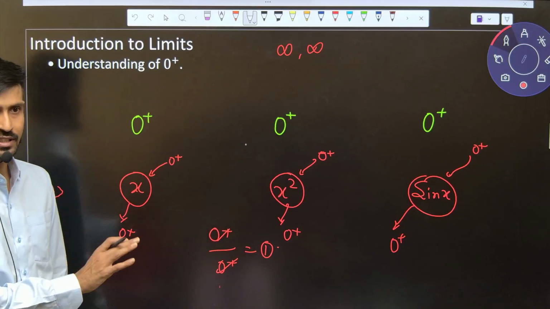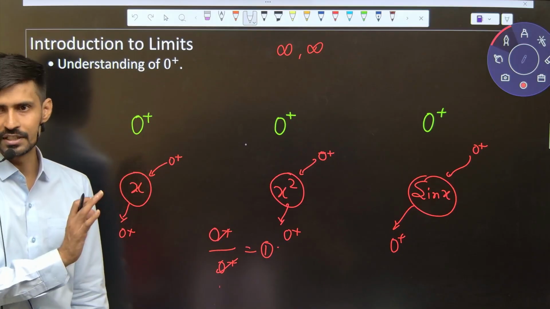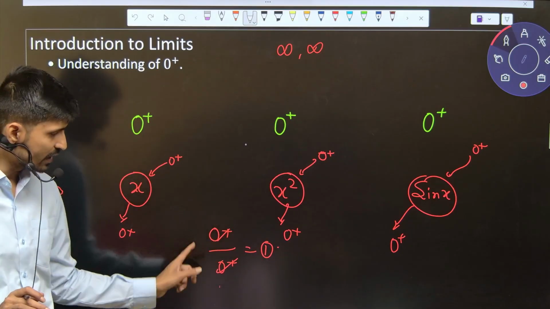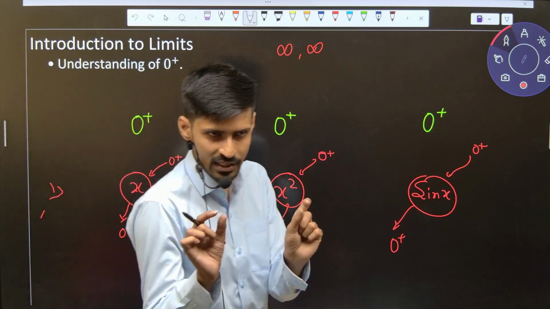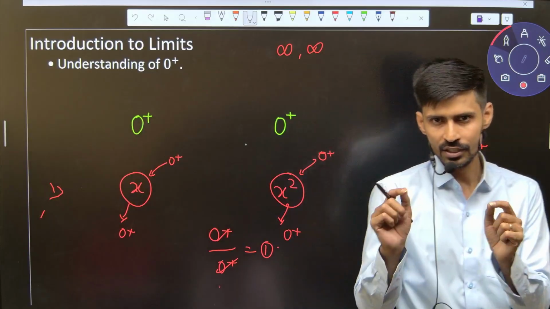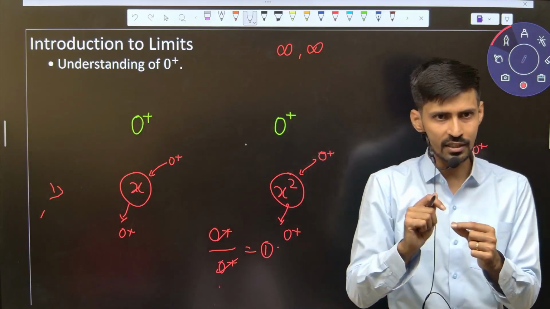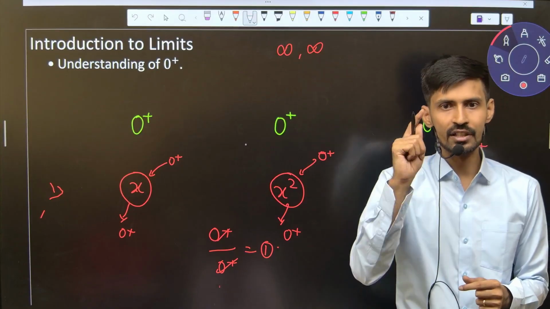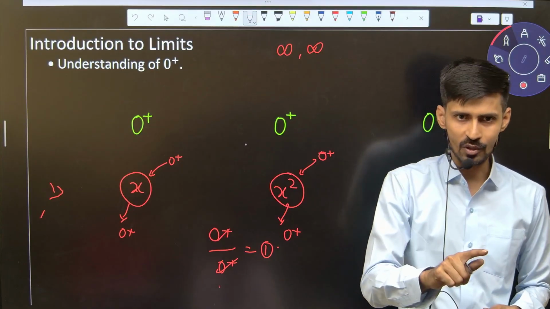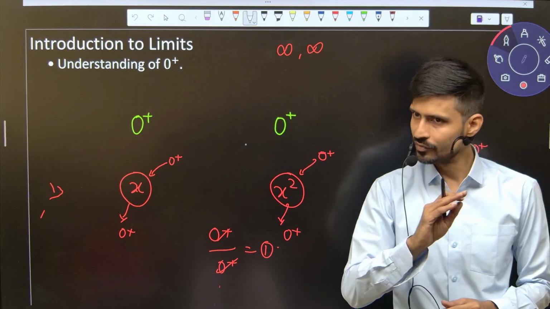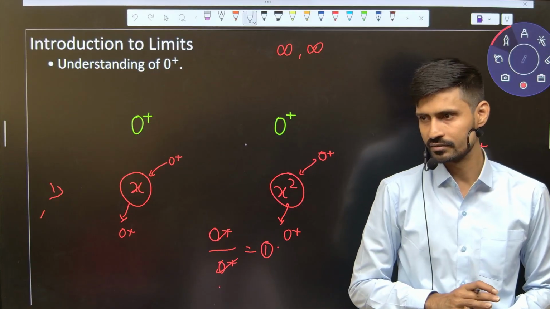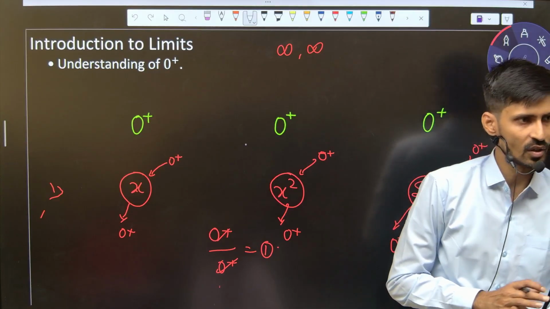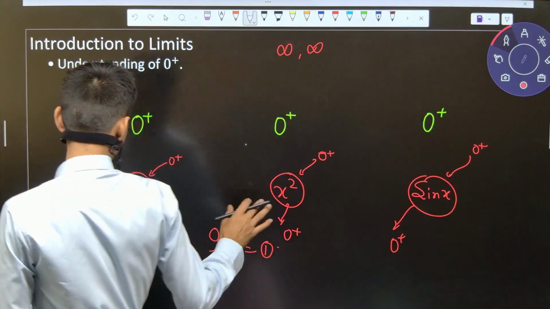That calculation we cannot do in the limits chapter. To avoid this, I have told you, if two 0 plus are there in the numerator and denominator and you want to cut, you need to check whether both 0 plus are the same or not. If both are the same, we can cut; if not, we cannot cut. Understood? So write down all these things.